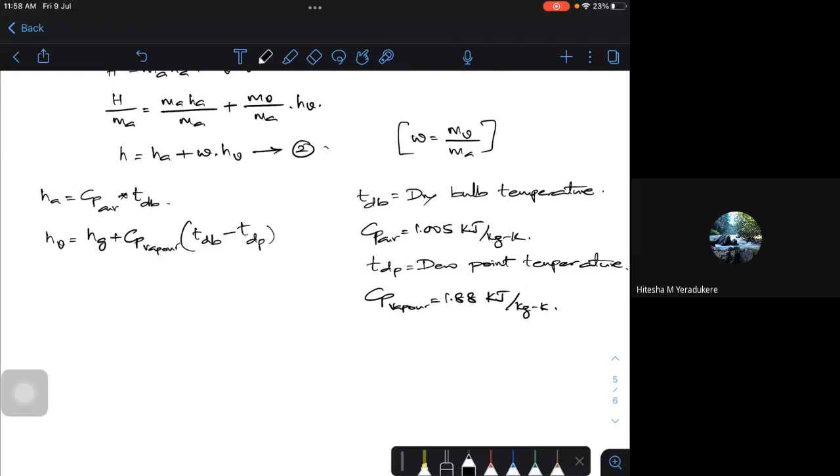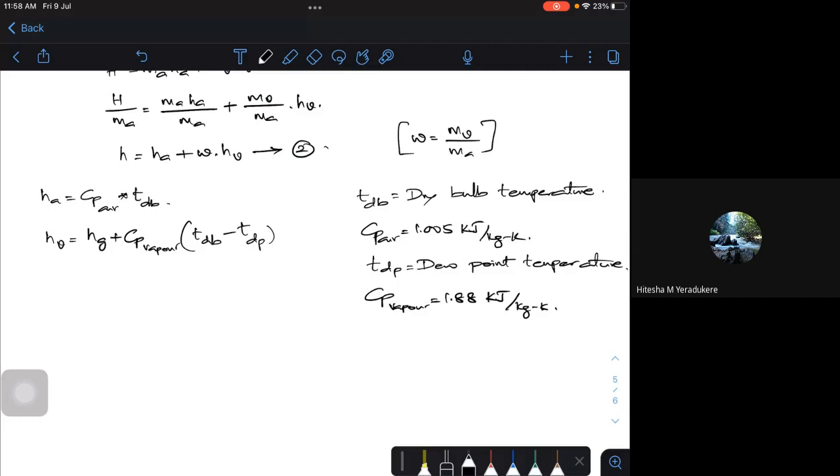Also, for Hg, many times they go with Hg equal to Cp of water into the dew point temperature plus Hfg. There are n number of ways they do it. Either they go directly with this, or whichever way they want.